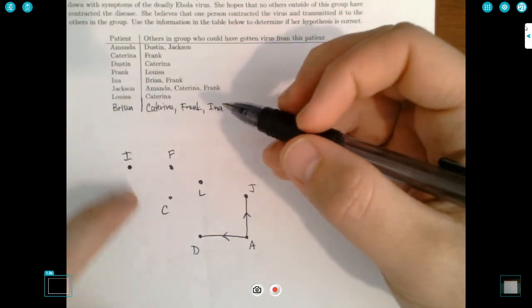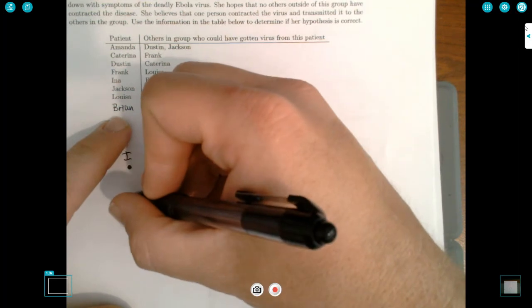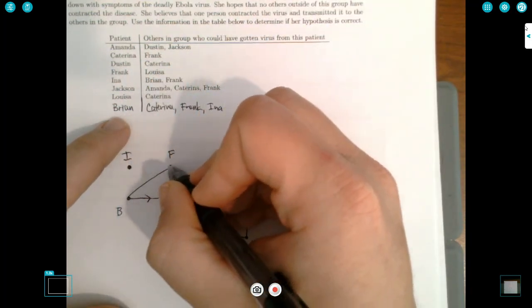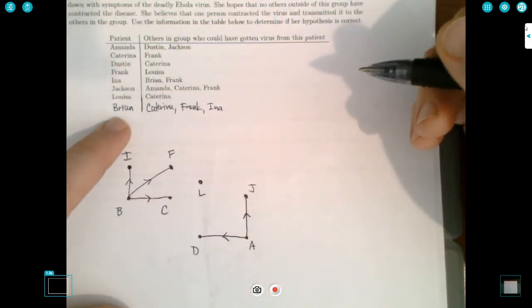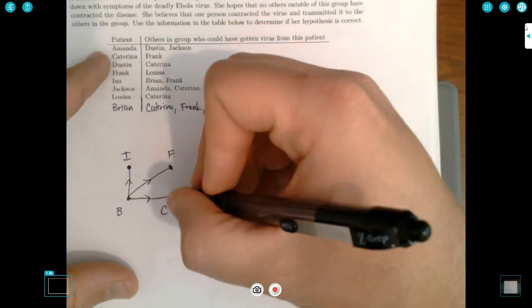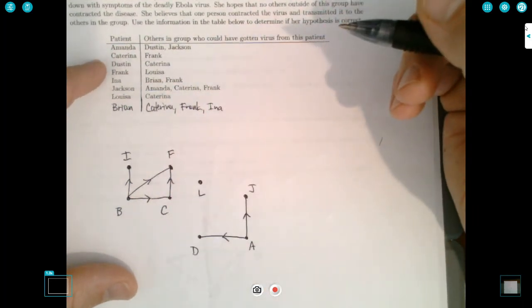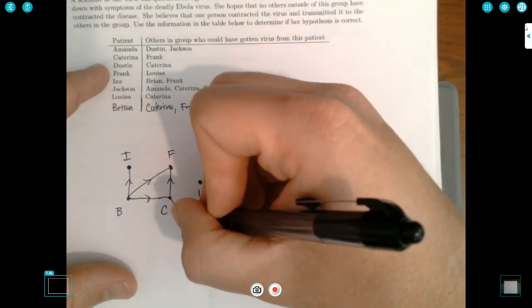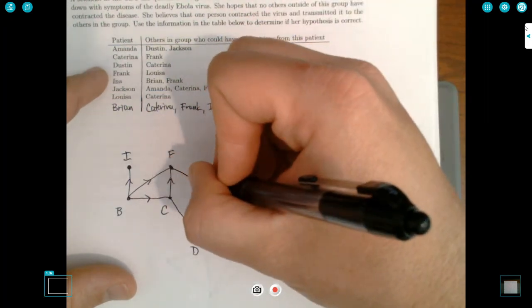Brian could have given the virus to Katerina, or to Frank, or to Ina. Katerina could have given the virus to Frank. Dustin could have given the virus to Katerina. Frank could have given the virus to Louisa.